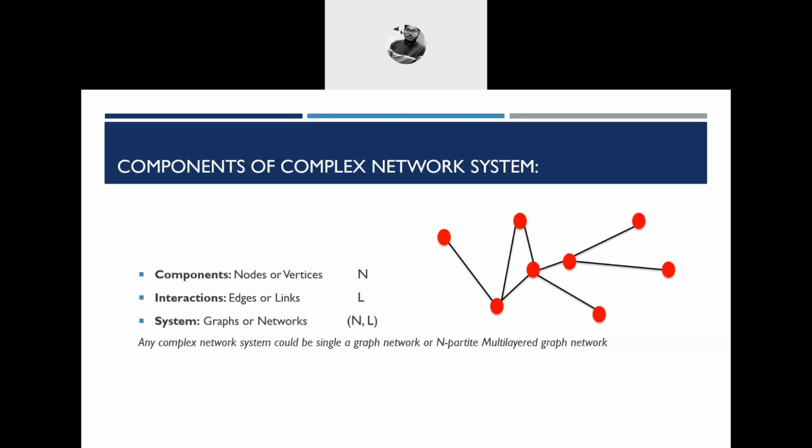These are sometimes called vertices or nodes. The next are the links: how these objects which we are going to study are related. These are known as edges or links.